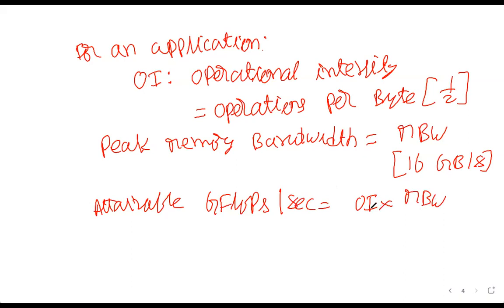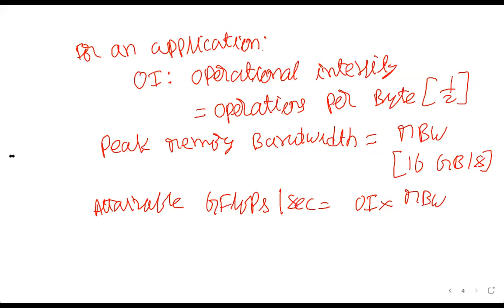But of course, what can happen is, let's say the attainable gigaflops per second is 8, but the raw compute power available on your system is only 4 gigaflops. Then you will not be able to achieve this peak.